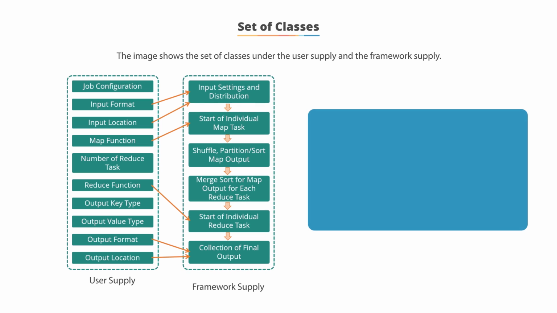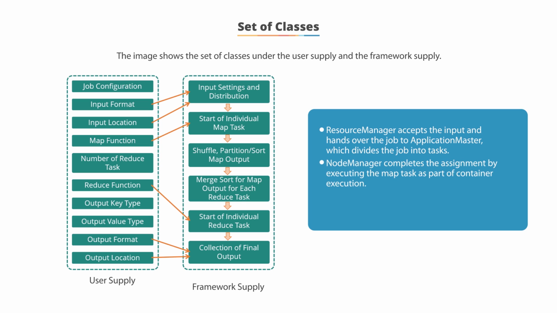As shown in the image, the user provides the input location and the input format as required by the program logic. Once the resource manager accepts the input, a specific job is divided into tasks by the application master. Each task is then assigned to an individual node manager.